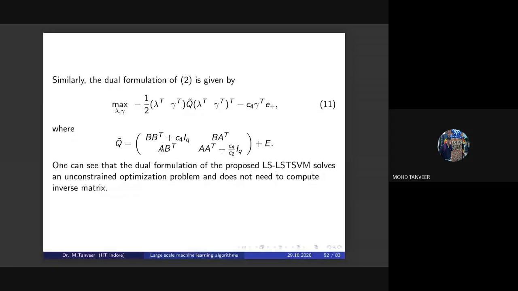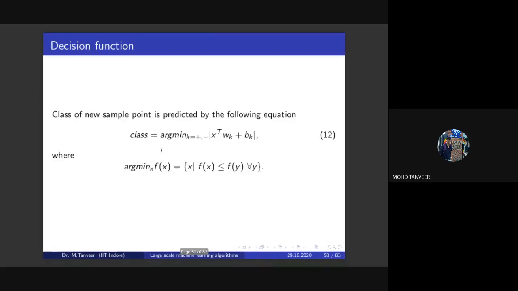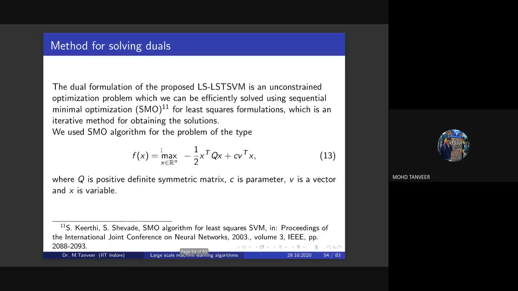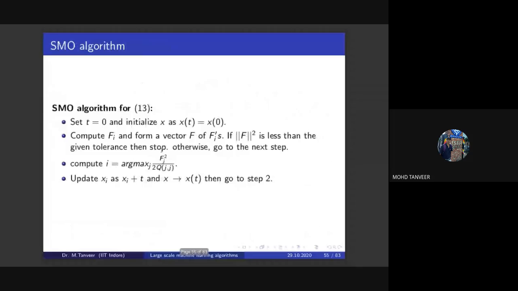The same Q cap appears in 11, so we are simply solving an unconstrained minimization problem and do not need to compute the inverse of the matrices. I'm not discussing more advanced things, which may not be good for you.